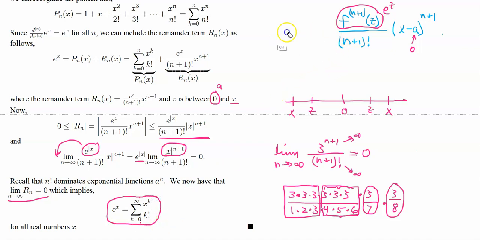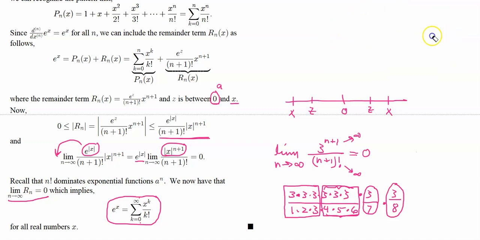In other words, just writing out that summation, what that means is for every x, e to the x is actually 1 plus x plus x squared over 2 factorial plus x cubed over 3 factorial plus x to the 4th over 4 factorial plus, and it just keeps going.